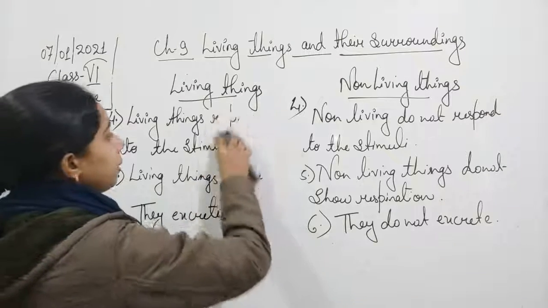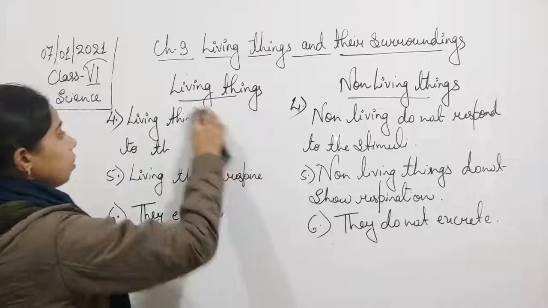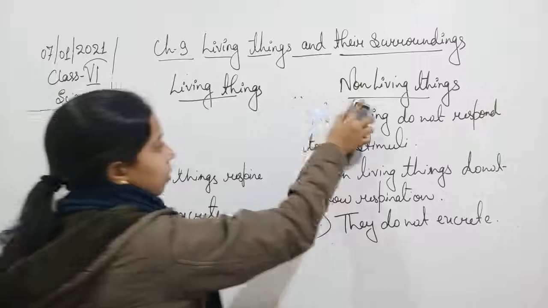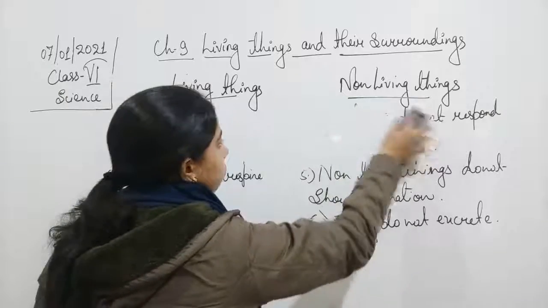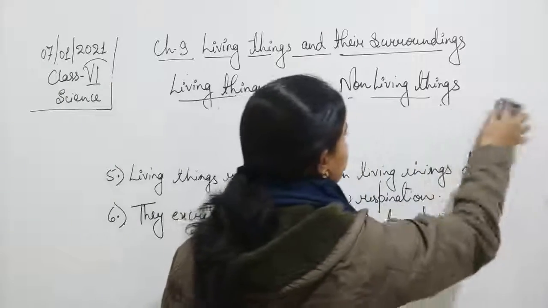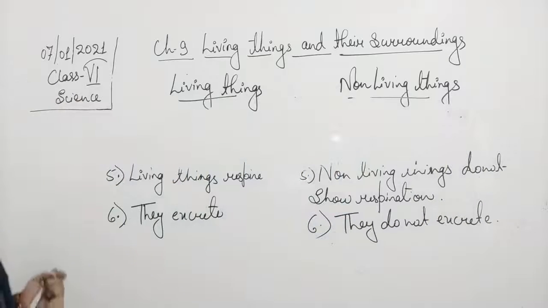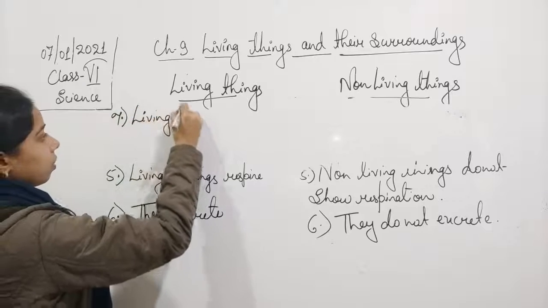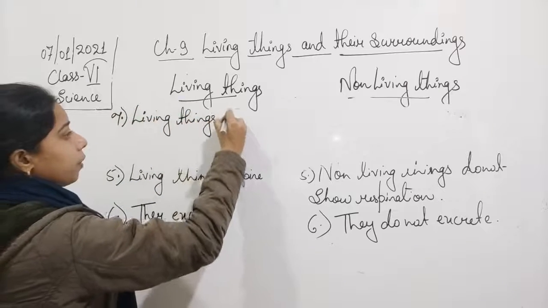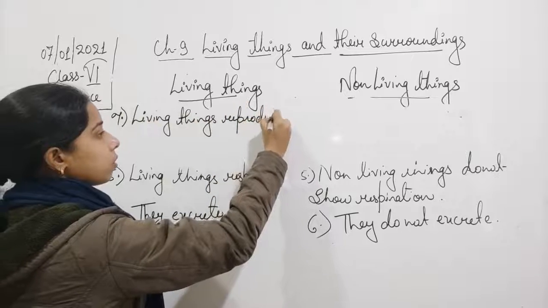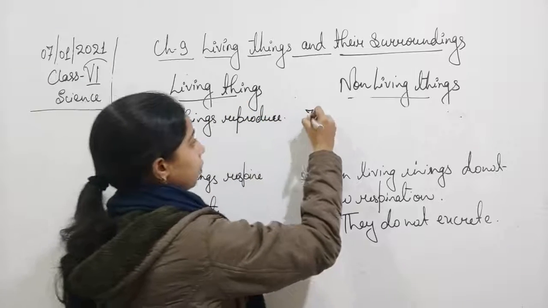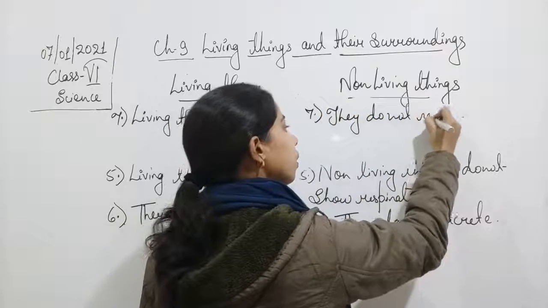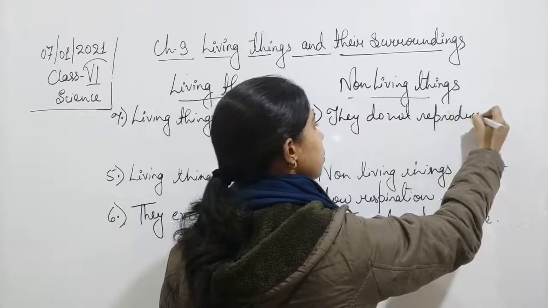So we can write it that living things reproduce, but the non-living things do not reproduce.